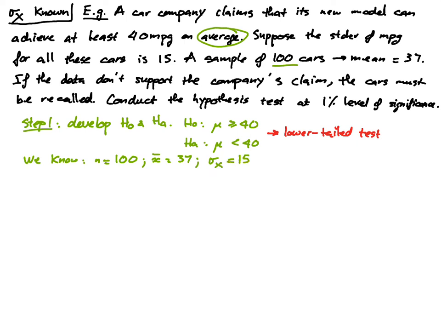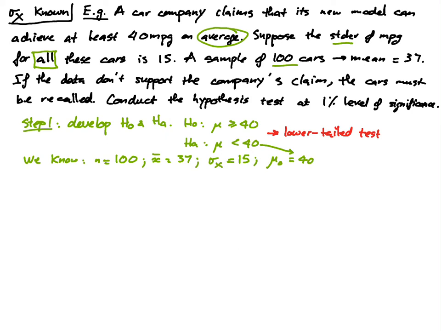How do I know that? I know that because we're told the standard deviation of all these cars, and all these cars is the population. And we know that the hypothesized value mu sub 0 is 40. That's the value that shows up in the hypotheses.